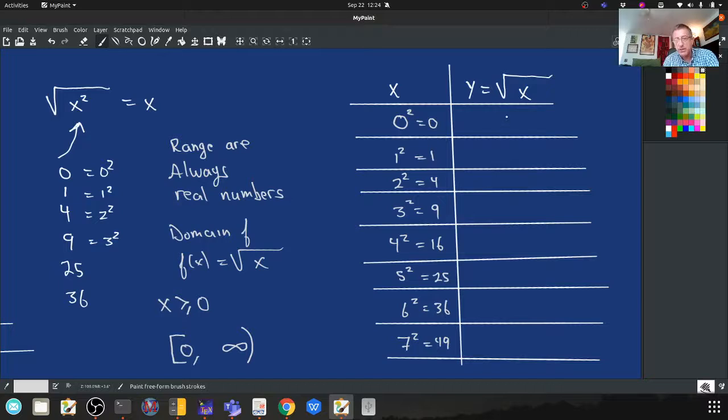And my output: 0, 1, 2, 3, 4, 5, 6, and 7.